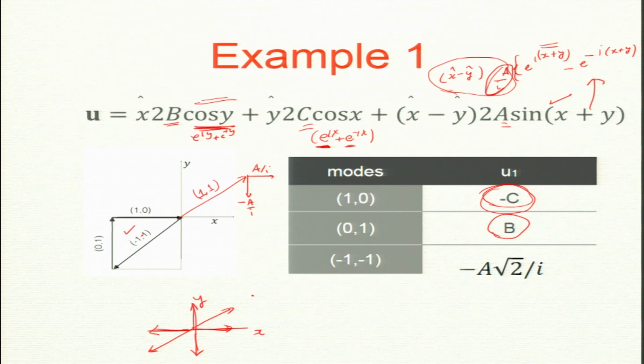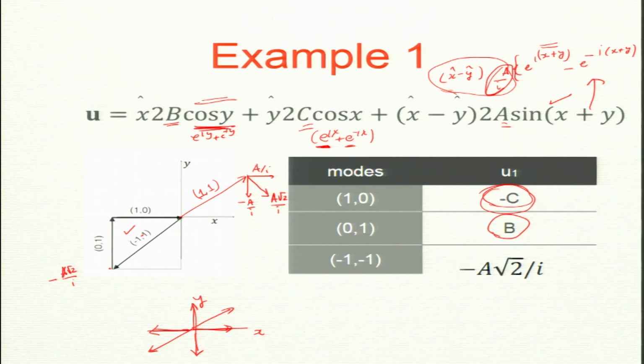The resultant vector is in that direction. So, its magnitude is a root 2 by i, fine. So, this is for 1 1. What about minus 1 minus 1? Complex conjugate. So, this will be a root 2 by i minus.